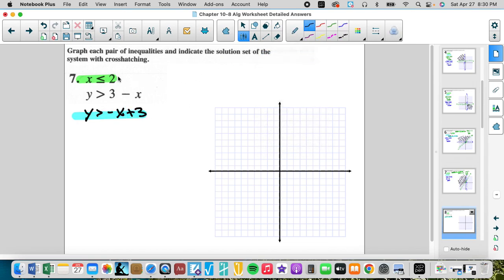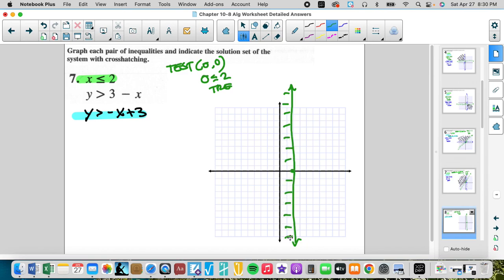This is going to have an x-intercept of 2, and this time we're going to include it. So x is 2 right here. Vertical line, testing 0, 0. Is 0 less than or equal to 2? That's true. We're going to shade to the left on the boundary.